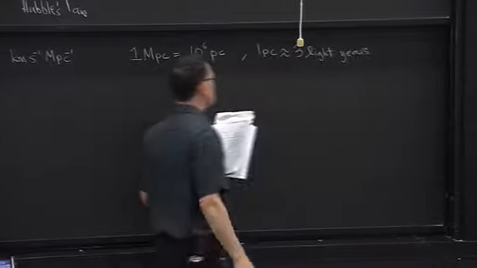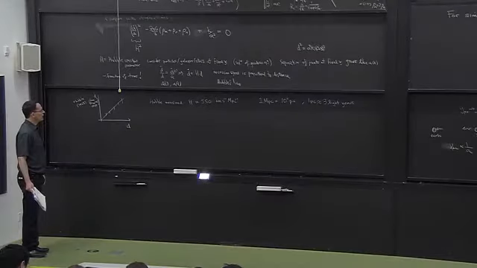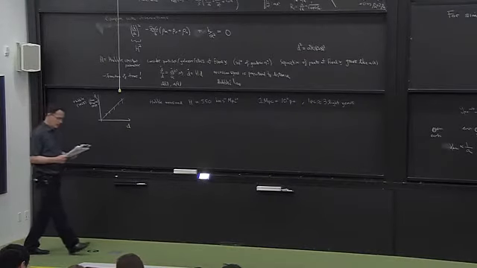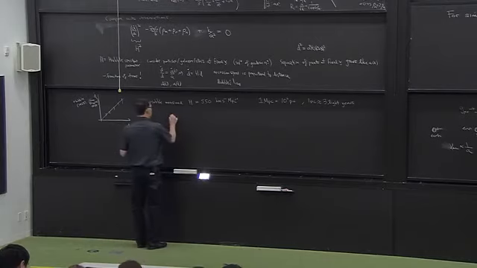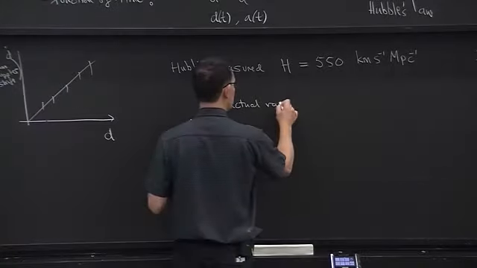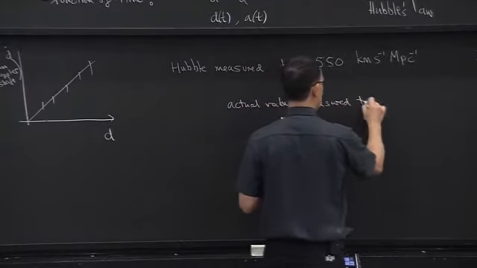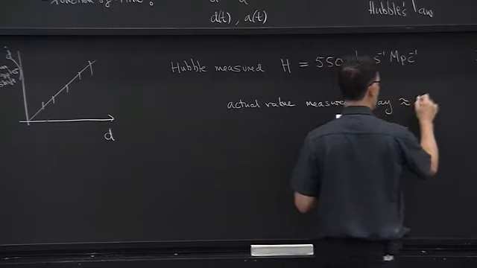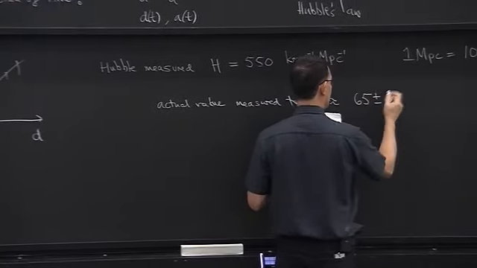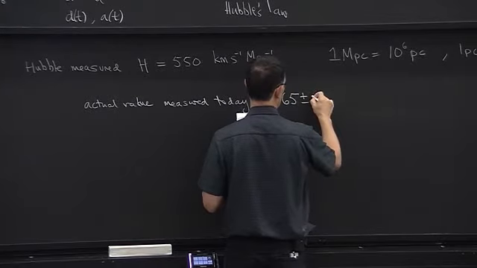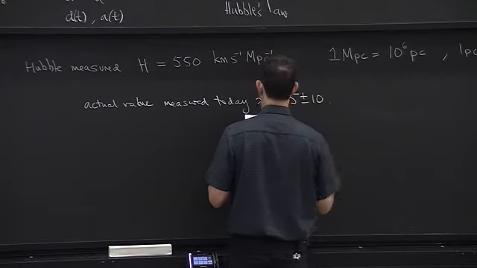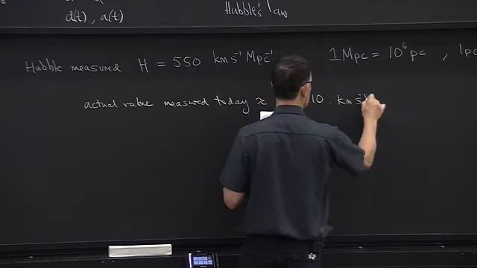Okay, so it's a distance. And so the Hubble parameter is given in units of speed per distance. And he measured 550. Now today, the actual value measured today is approximately 65, plus or minus, I think, 10 or so kilometers per second per megaparsec.